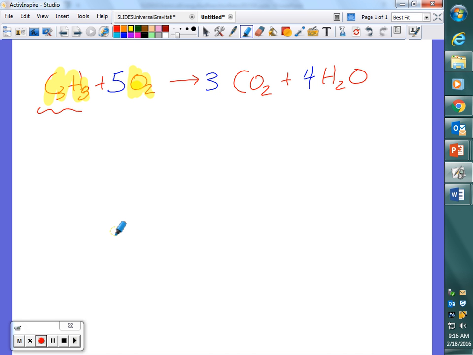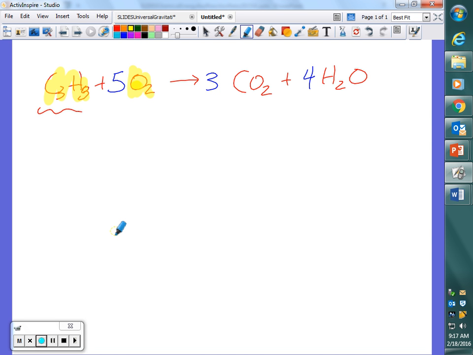All of the atoms that show up in this equation are like pieces of Lego. We can make a bunch of things out of Legos. Let's say you make a house out of Legos. And then you decide you don't want a house, you want to make a car. What do you have to do first before you make your Lego car? You got to take the Lego house apart, right?